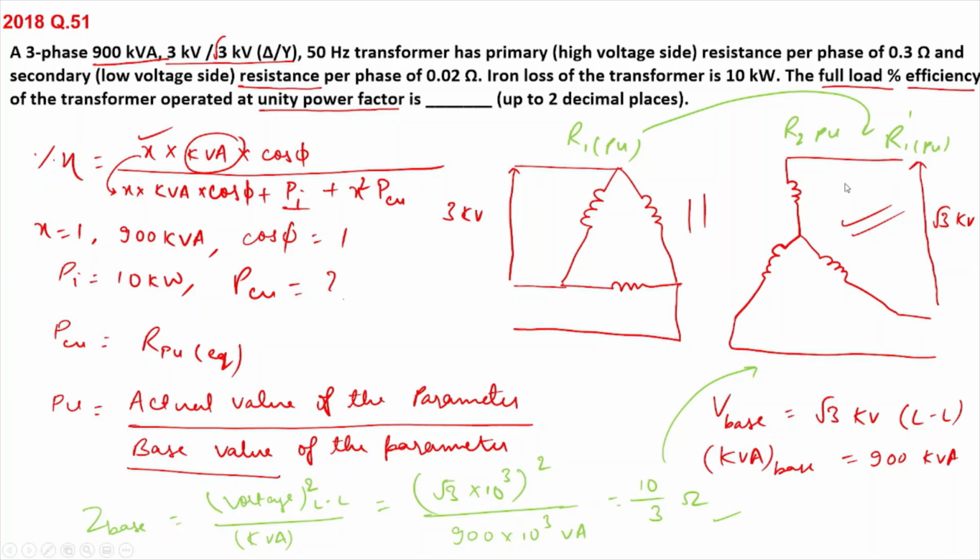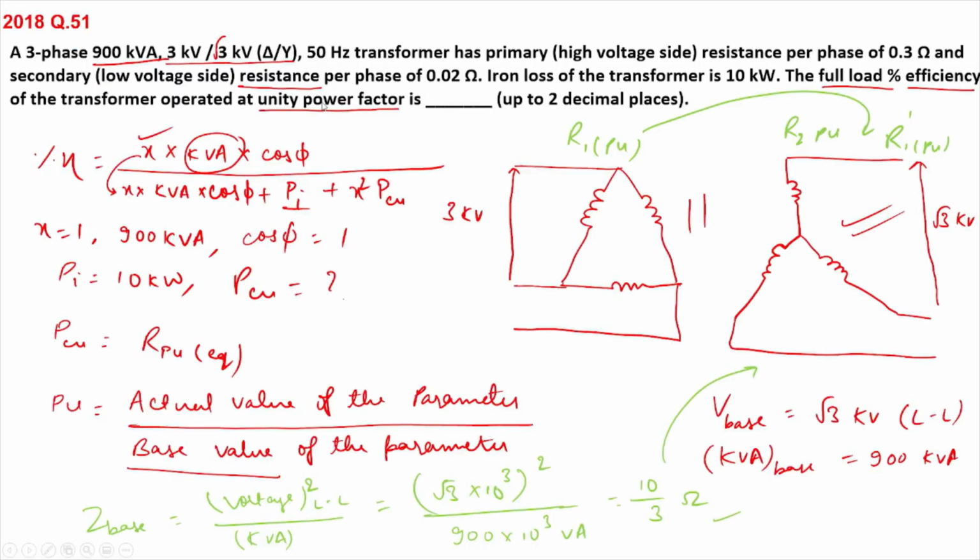Okay, so let me move on. I know that we have R2, that is nothing but 0.02 ohm. This value I am referring to, 0.02 ohm.